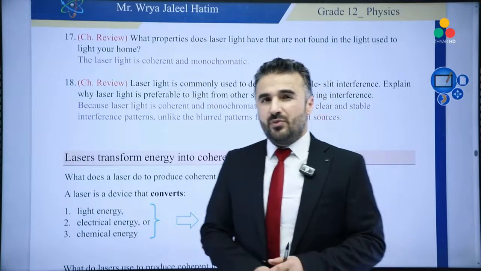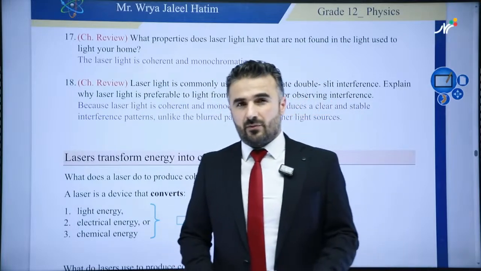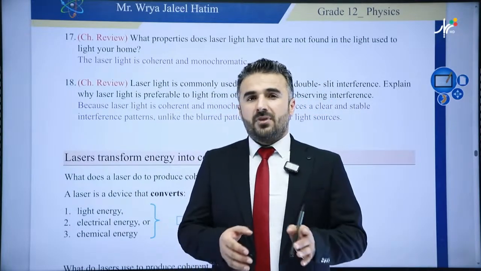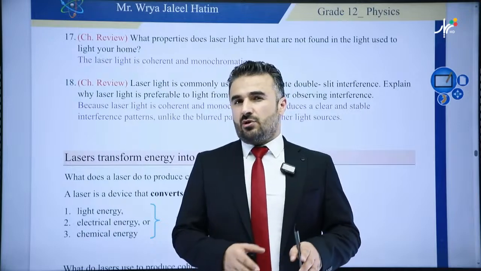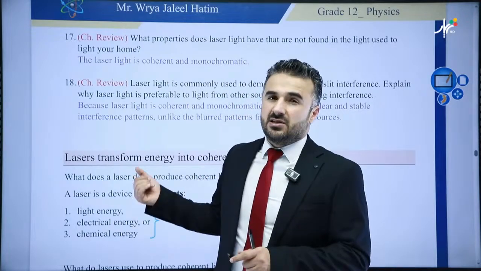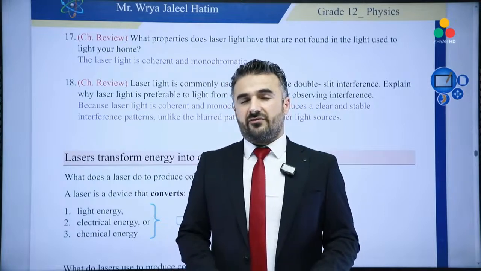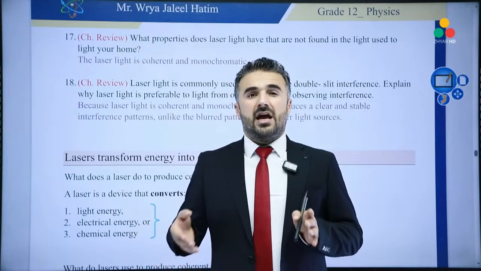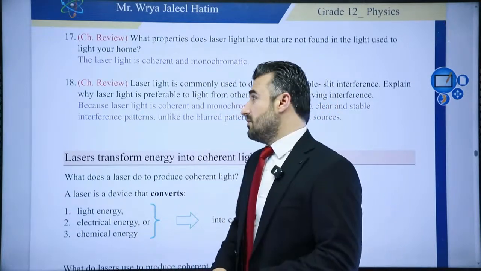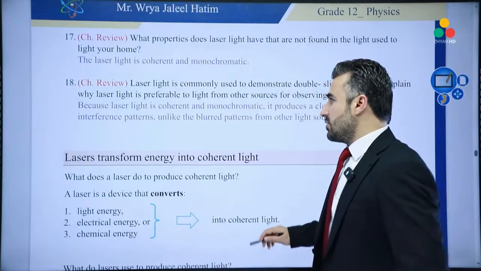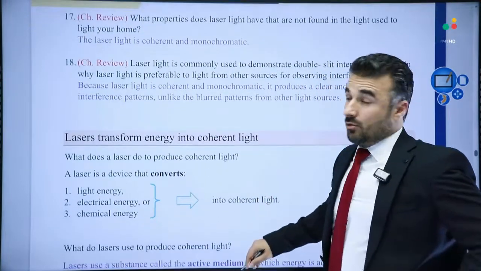But the most important thing is, we can have other lights that are monochromatic, one color, but what makes laser light so unique is that it is coherent. Coherence is the correlation between the phase difference, so they maintain a constant phase difference all the time. This is what makes it so special compared to normal light.